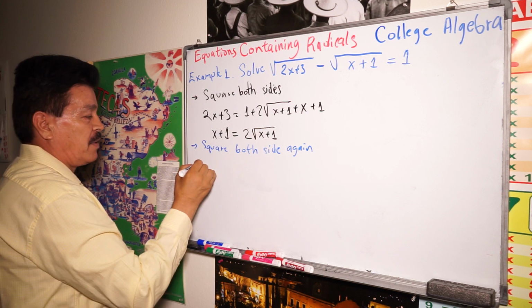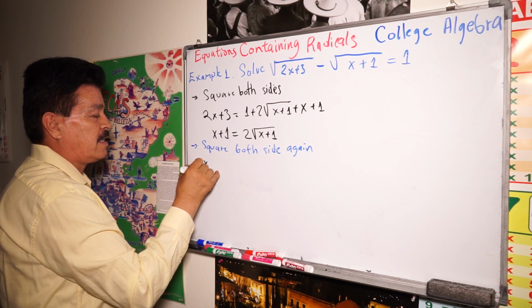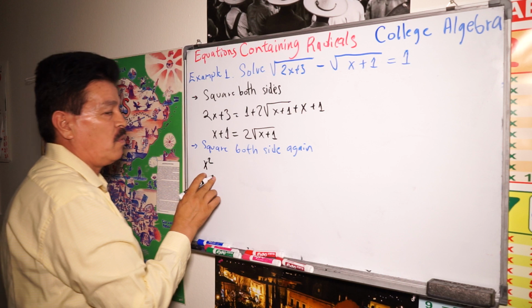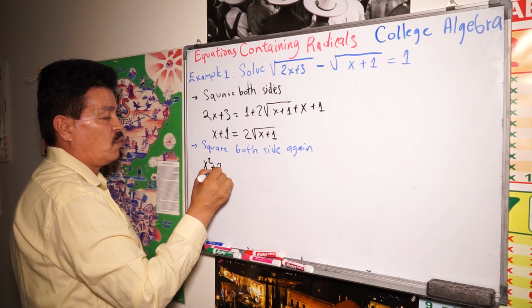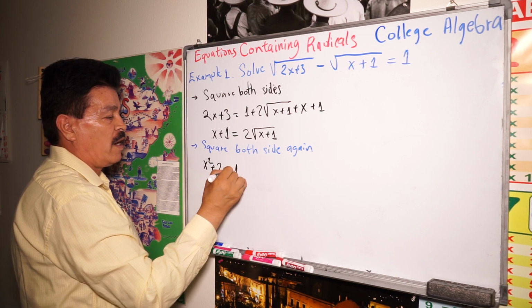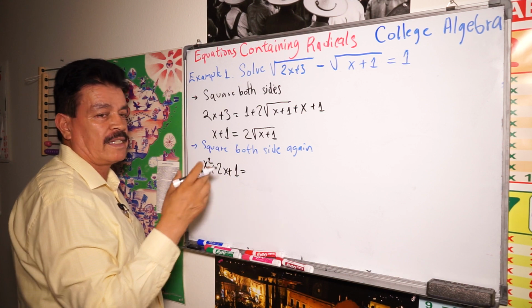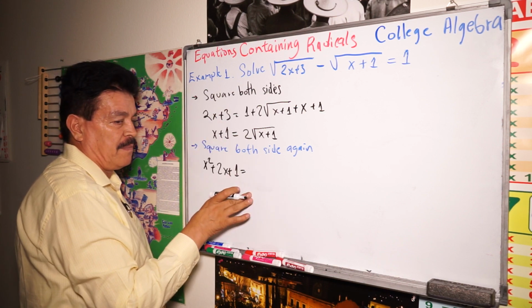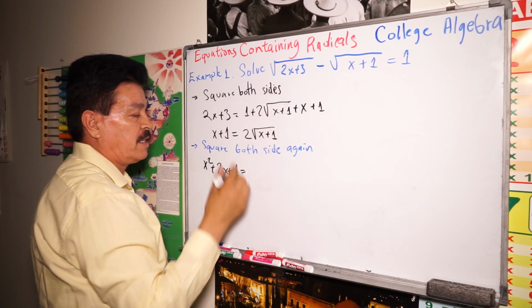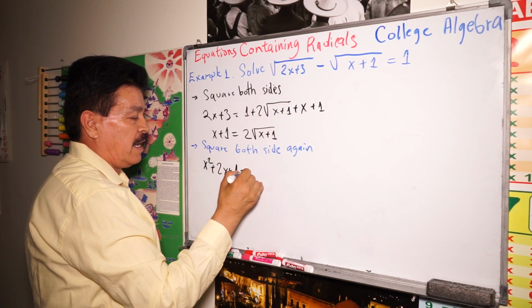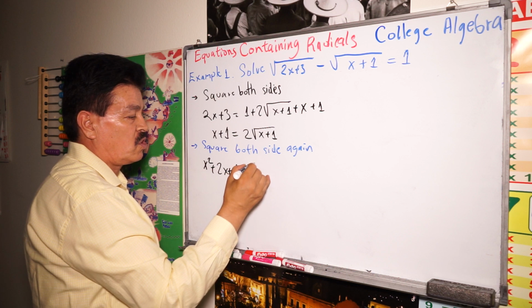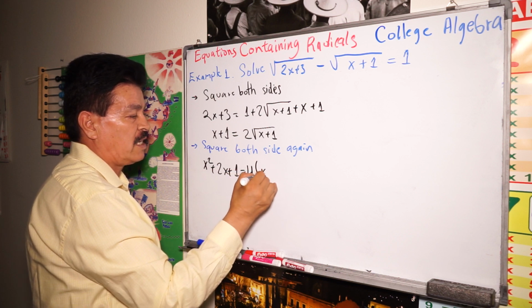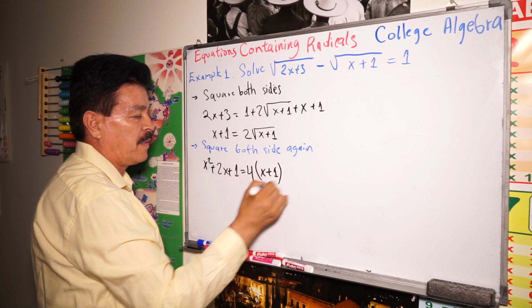So we are going to have x to the second power plus 2x plus 1. I'm going to skip some steps. I don't want to do all the steps. Remember, this is a college algebra class. This is going to equal 4 times x plus 1.